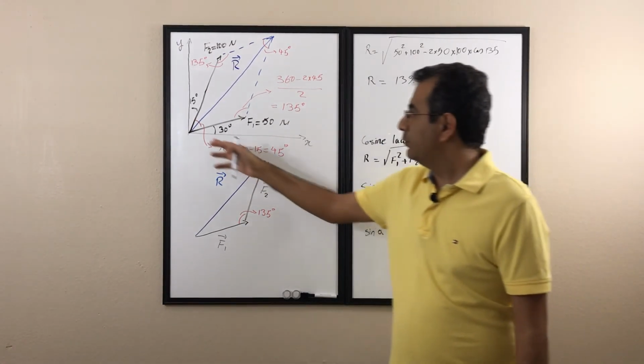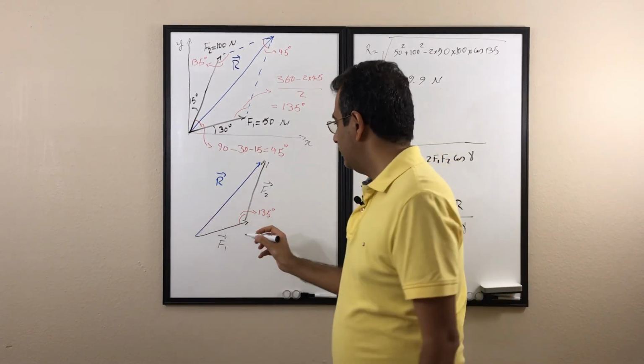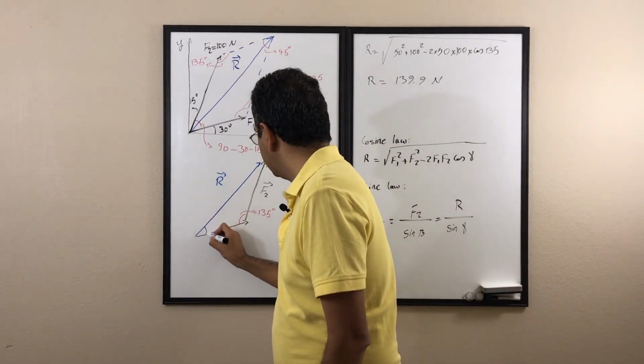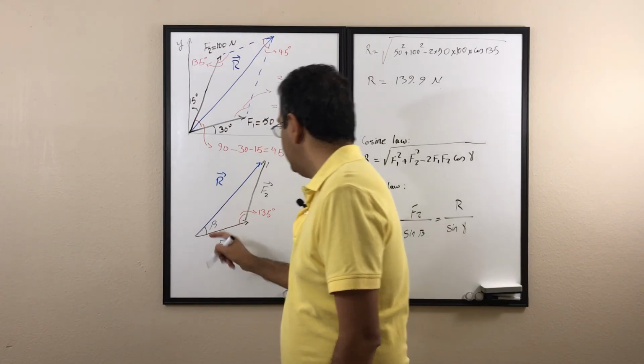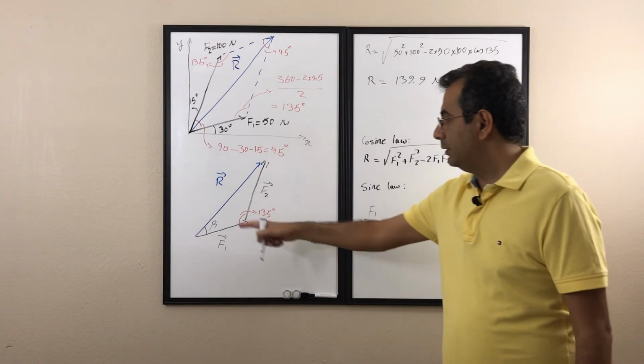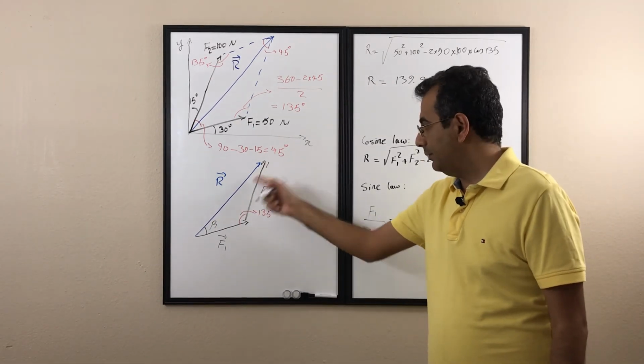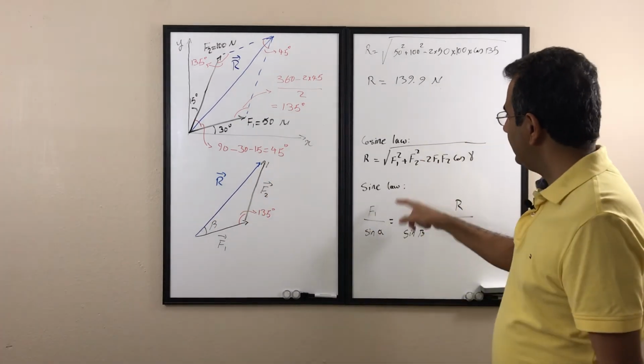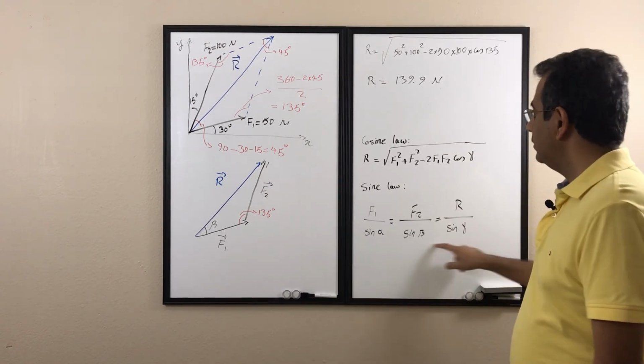Then we need to find this angle here, which I'm going to call beta. We need to find that angle as well, because we need to know the direction of the R, not only the magnitude. To find that angle, we use the sine law.